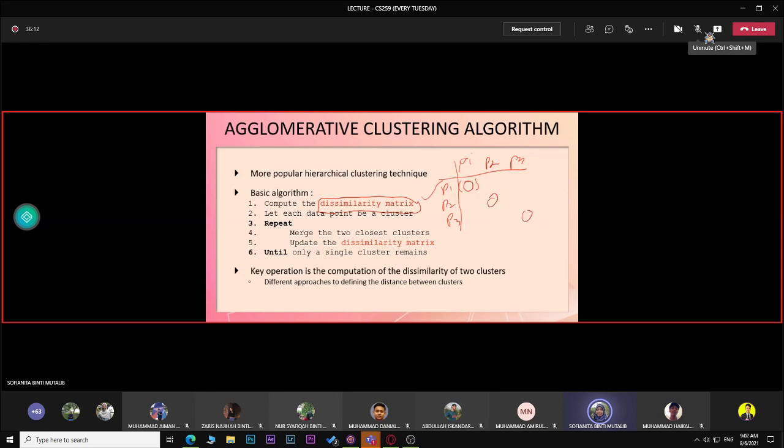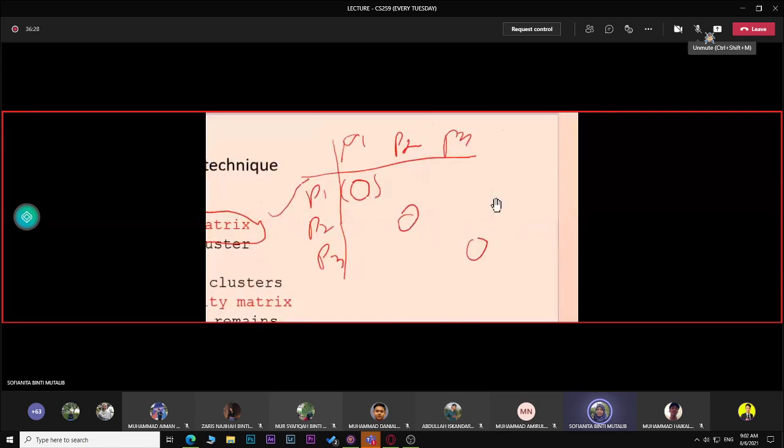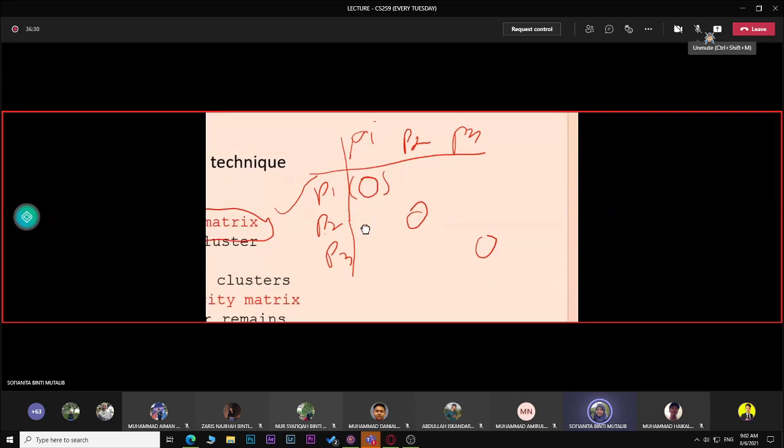But the distance you need to get is between object 2 and object 1. So here you have to get its distance here.